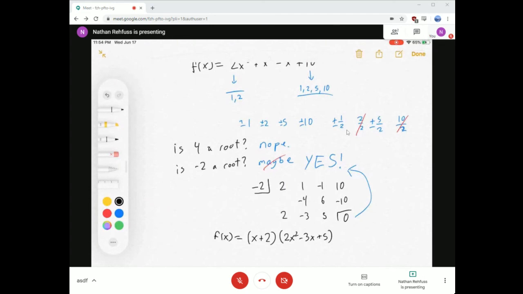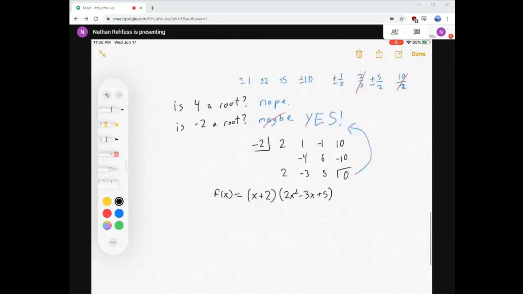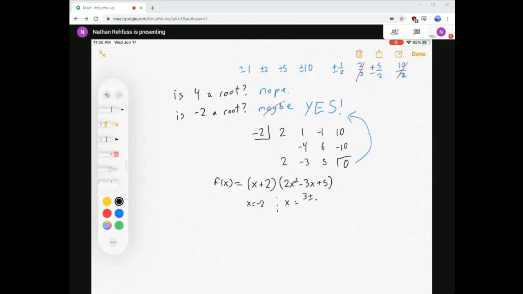And now, do I keep going through this list? I don't have to. I've got a quadratic, and I know a faster way to bust that open. Here x equals -2, but here x equals -b, +3, plus or minus root b squared, that's 9, minus 4ac, that's 40.